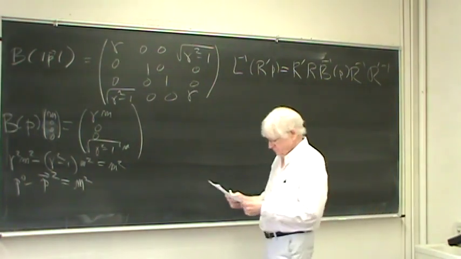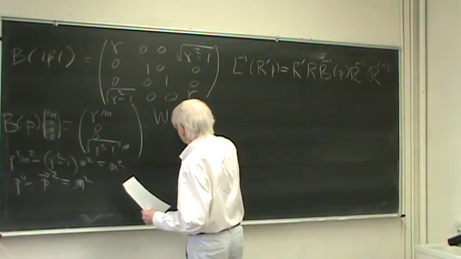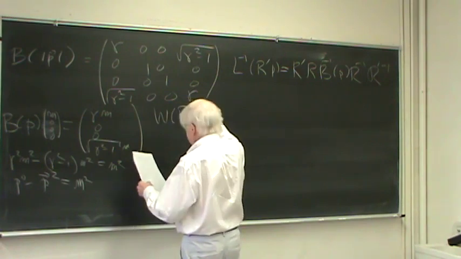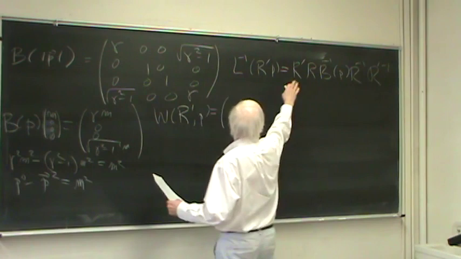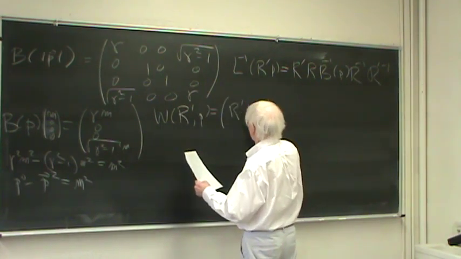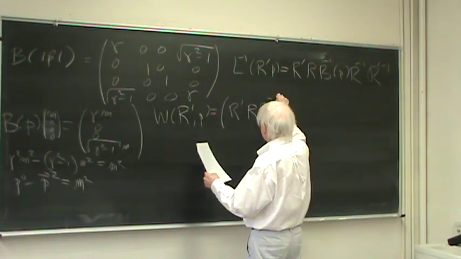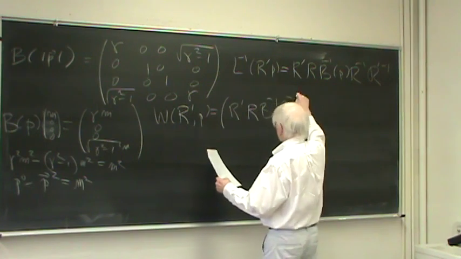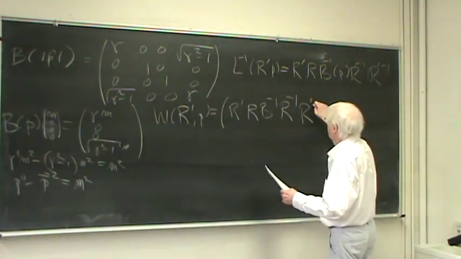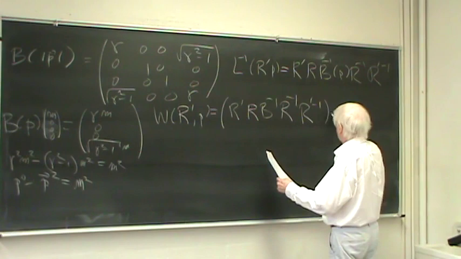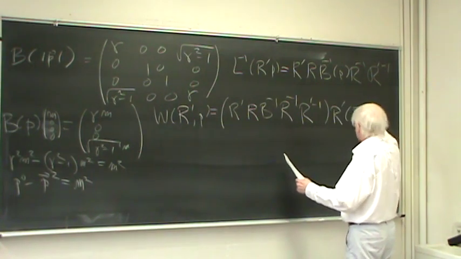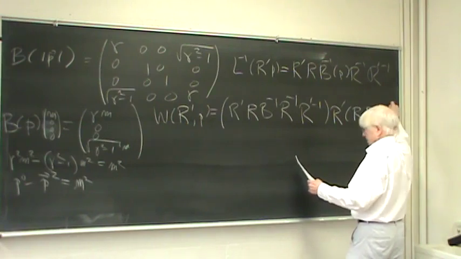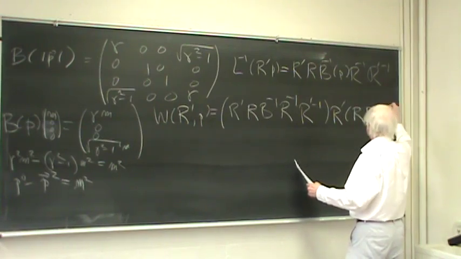So now, W of R prime and P is this thing, which is R prime R, B inverse, R inverse, R prime inverse, R prime, R, B, R inverse.